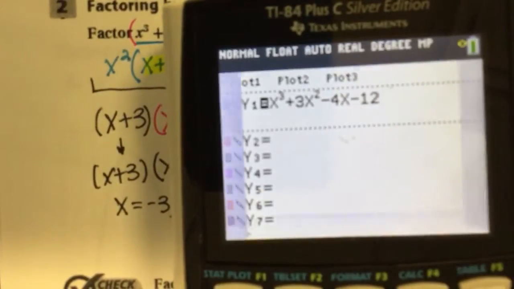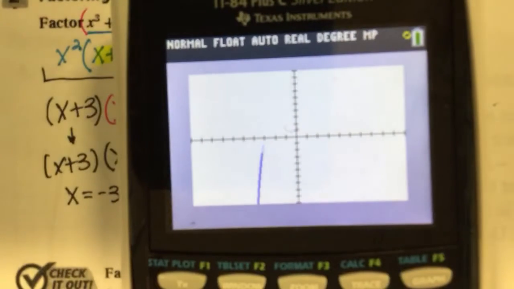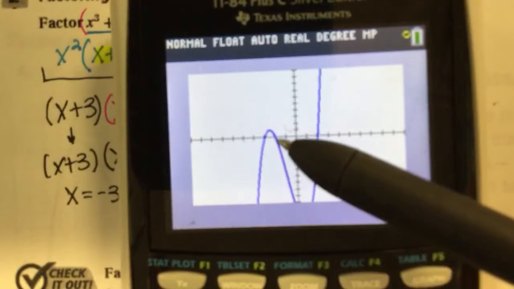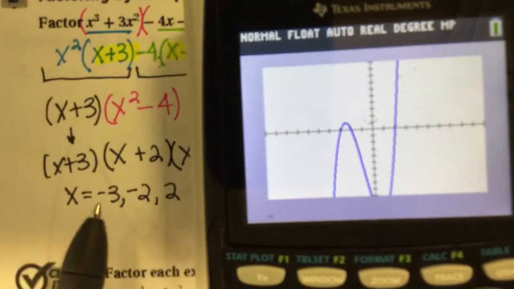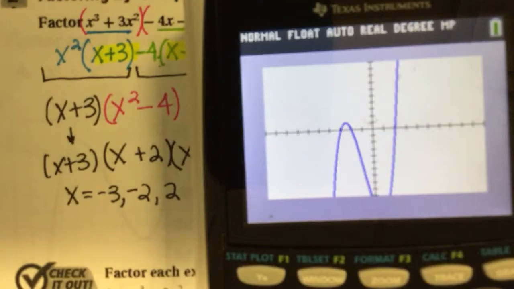So let's hit the graph button. There we go. So negative 3, negative 2, positive 2. Exactly what we have. This is how you're going to check your work.